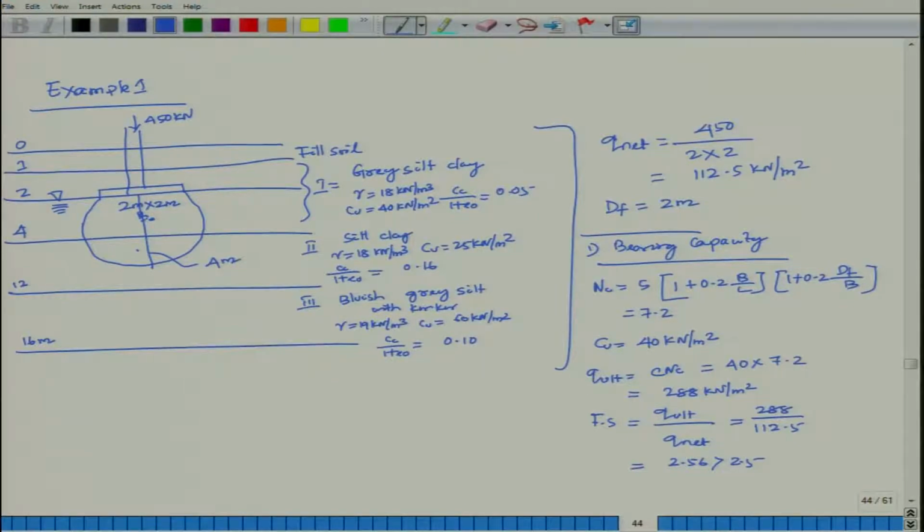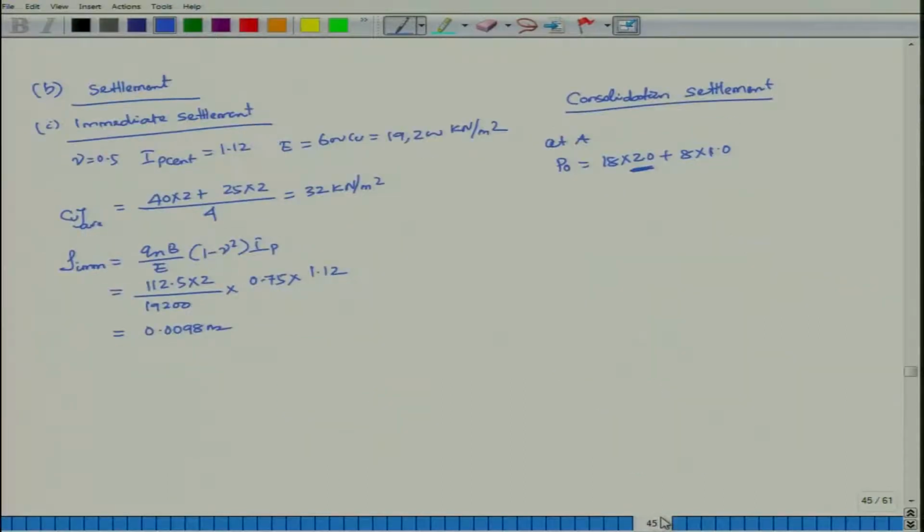It will be 8 because gamma submerged is equal to gamma saturated minus gamma w. Approximately I put it 18 minus 10, which is equal to 8. So this gives the value of 44 kilonewton per meter square.